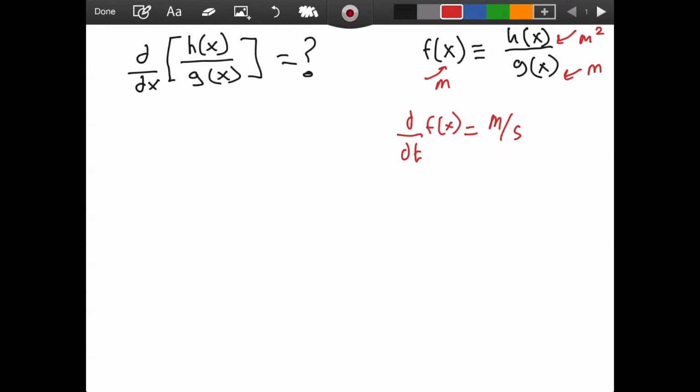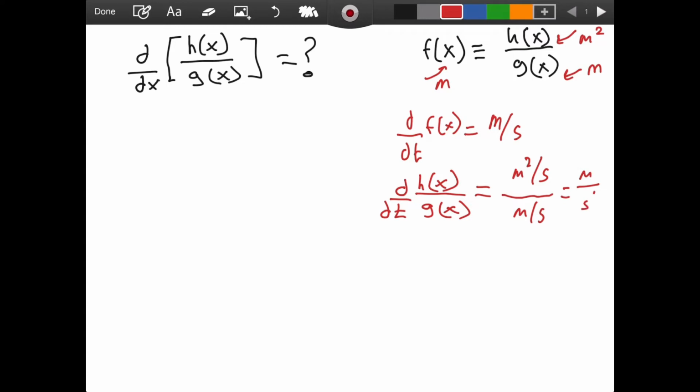So if we take the derivative of the other side, we have h of x divided by g of x, and maybe we're taking it with respect to time. Well, in this case, if we take the derivative of the top, we would get meters squared divided by seconds, and the bottom would give us meters divided by seconds, which is meters divided by seconds squared.